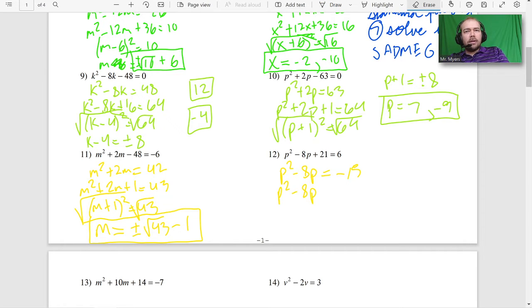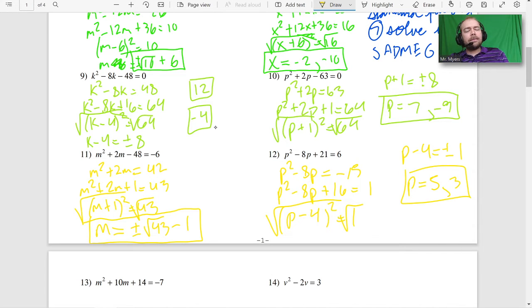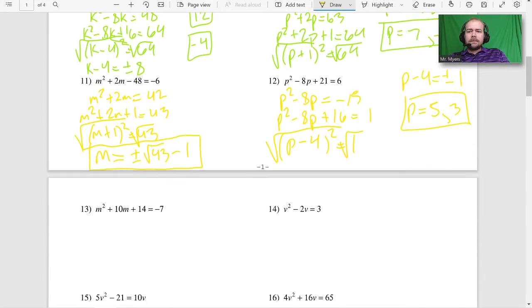Lo siento. So we add 16 to both sides, and then we get 1 there. Okay, so then p minus 4 equals 1. Now we're on step 7. So we get p minus 4 equal to plus or minus 1. 1 plus 4 is 5. Negative 1 plus 4 is 3. And there we go with that one.